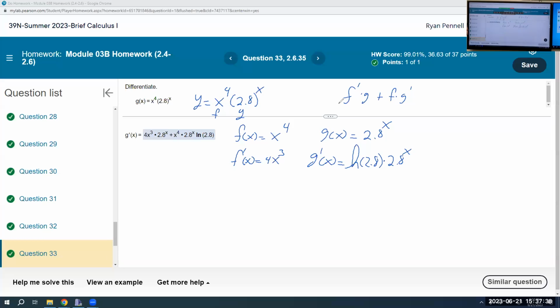Those are my 4 pieces. Now I just build my derivative. So the derivative equals the derivative of f, 4x cubed, times the original g, plus the original f times the derivative of g.